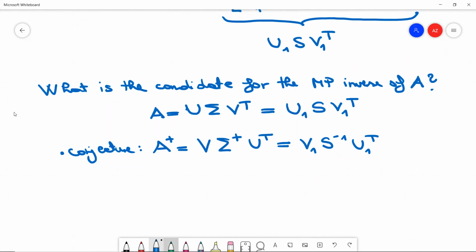So, how would we prove this conjecture? What do we have to check?